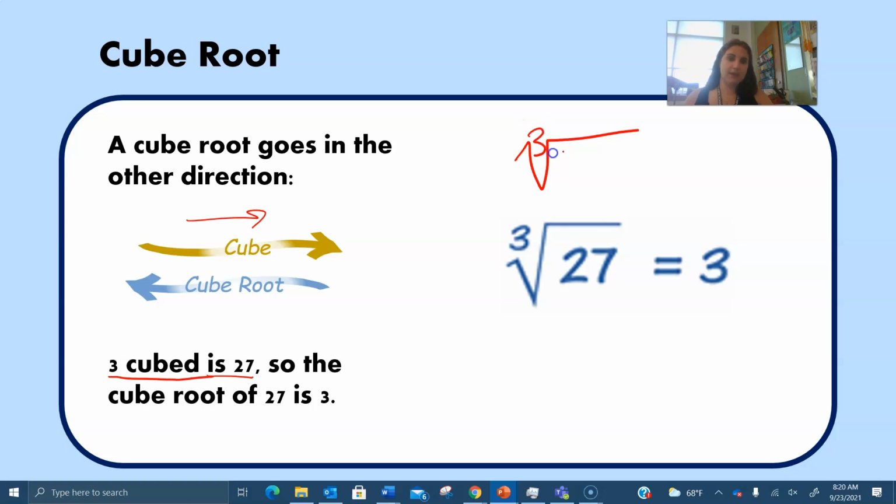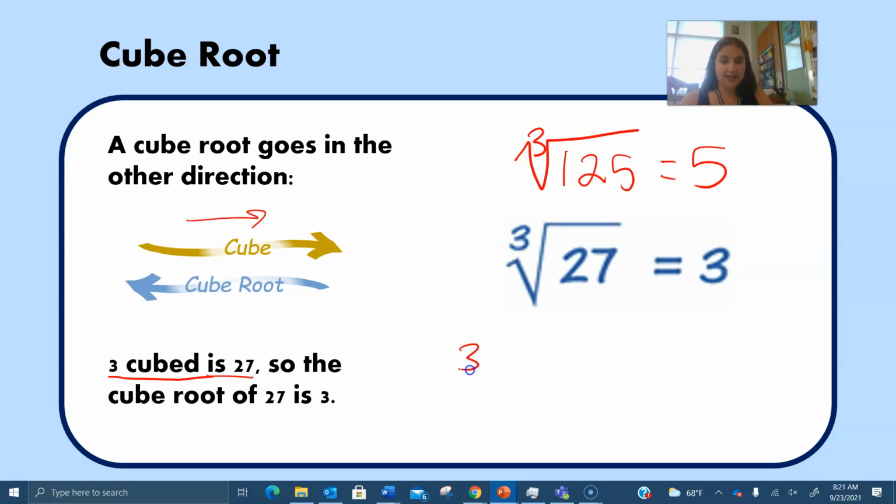So the cube root of 125, you think to yourself, what times what times what, 3 of the same number, equals 125? 5 times 5 times 5 equals 125.